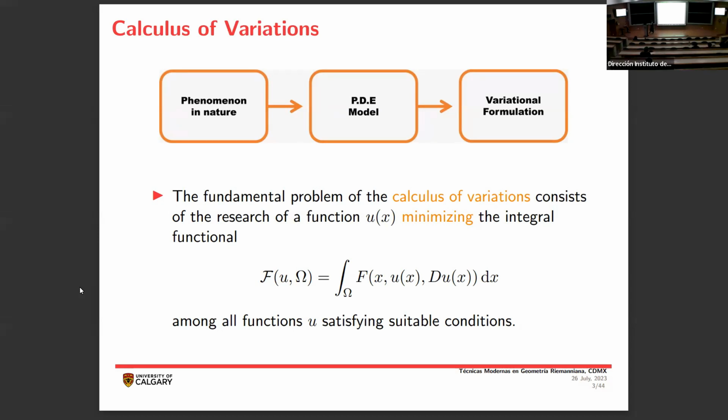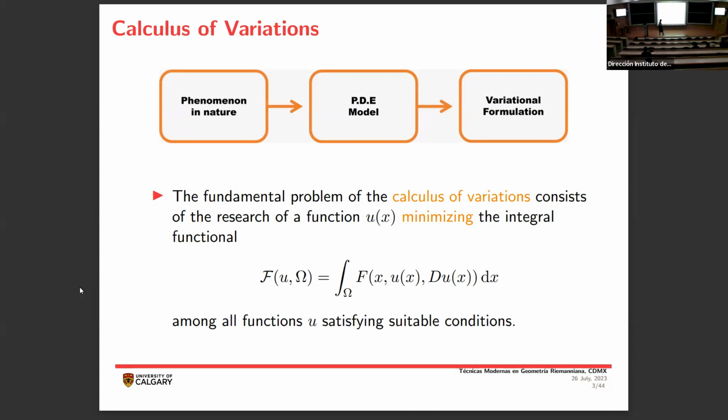So many phenomena in nature, in physics or biology, medicine, whatever, can be modeled via a partial differential equation. And many of these models actually have a variational formulation, meaning that the solutions of the model are the critical points of a certain functional that comes in the shape of an integral defined on a certain function space.